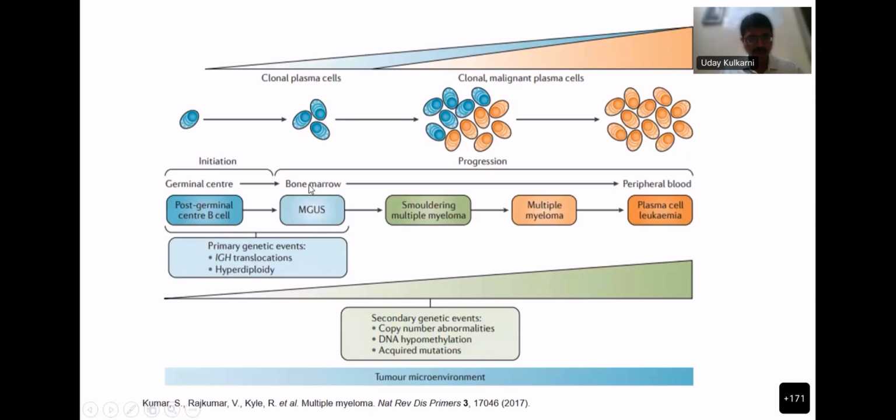Patients develop a small M protein detectable in the blood and are otherwise asymptomatic. Over time, these patients accumulate secondary genetic events in the form of copy number abnormalities, DNA hypomethylation, and acquired mutations. This leads to formation of clonal malignant plasma cells.